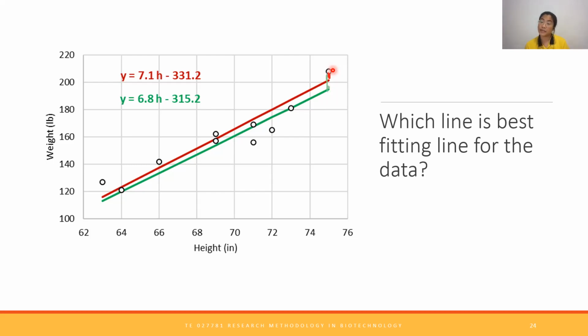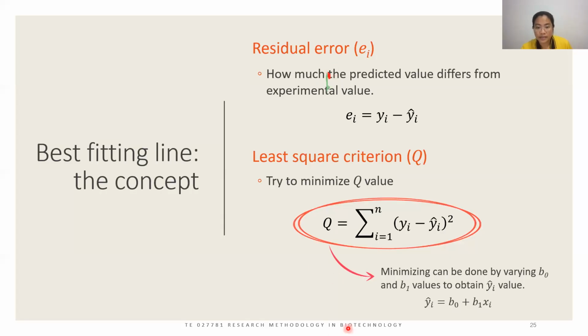So that is residual error. With the concept of residual errors, it comes to what makes a line or equation fit the experimental values better, the best fitting line.